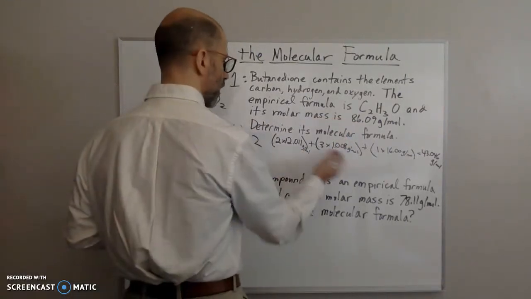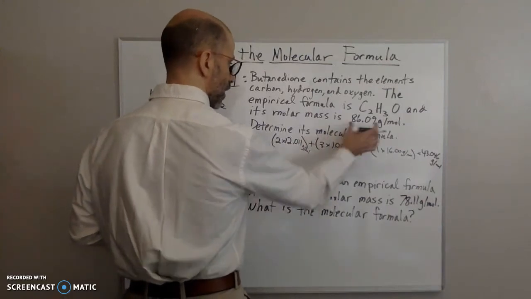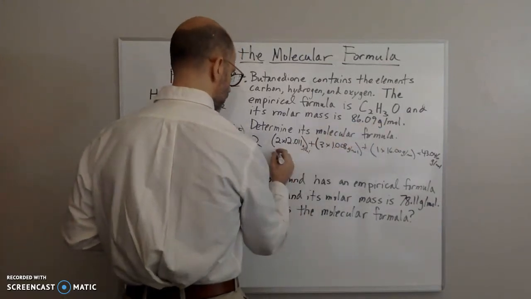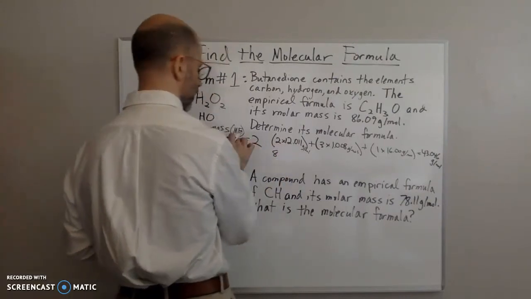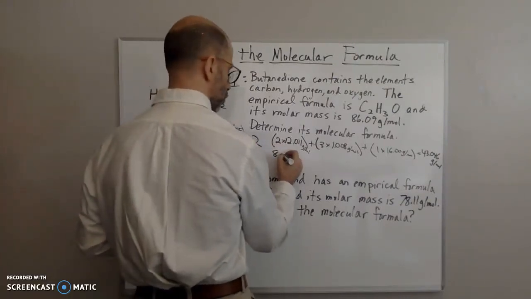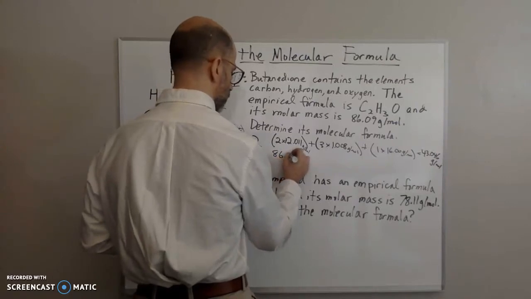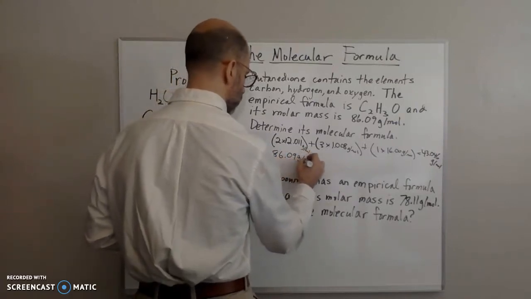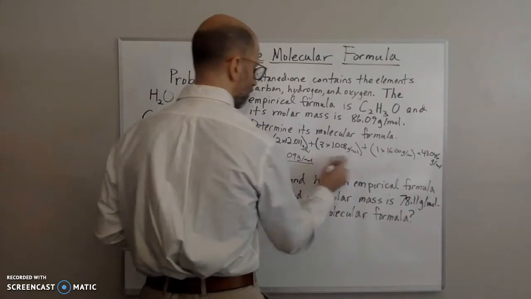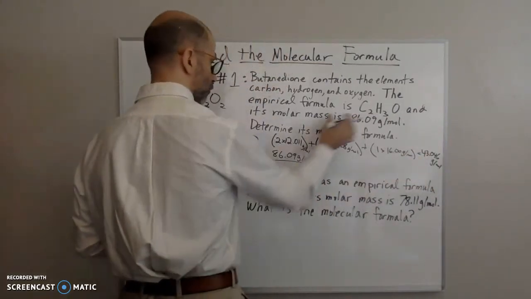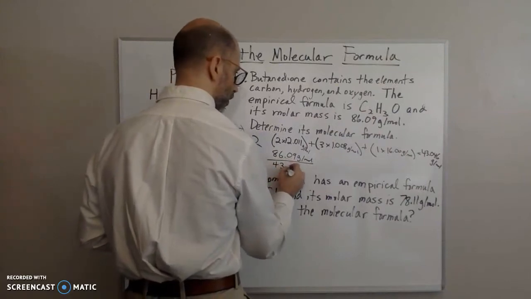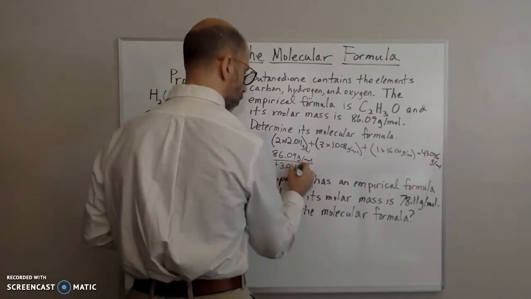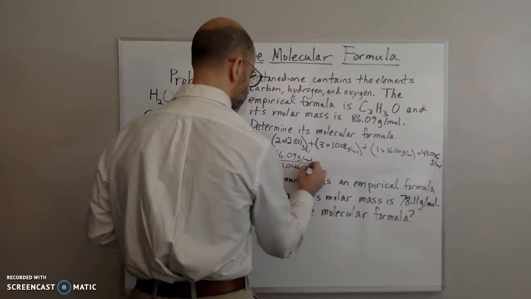So to get my factor, I take the molar mass of the molecular formula, 86.09 grams per mole, and I divide that by what I calculated for my empirical formula, 43.046 grams per mole.